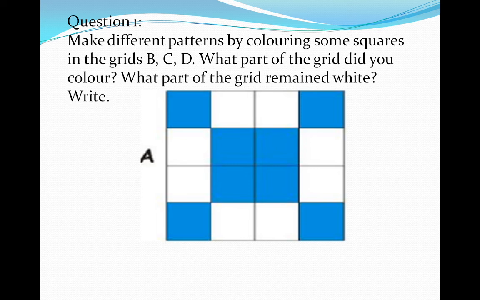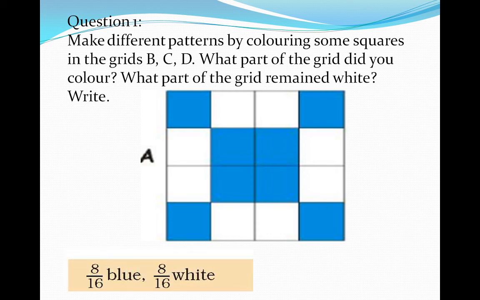And from this picture you can see 1, 2, 3, 4, 5, 6, 7, 8. That means out of 16 squares, 8 squares are blue colored. So how can we write the portion of the blue colored squares and white squares? Now look at here.